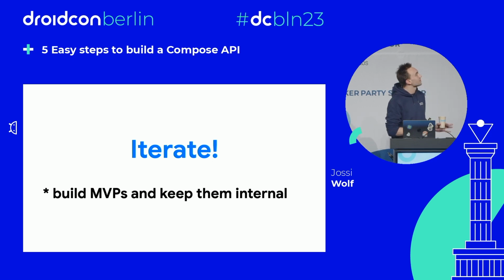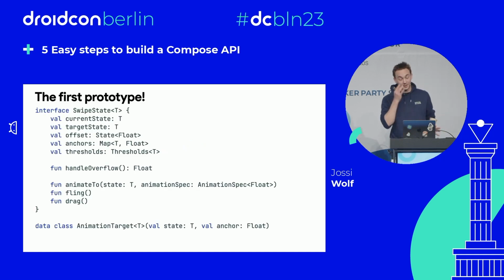Now I want to show you some prototypes that I had built for the new swipeable, because they were terrible, and I thought it would be really good to put that on. This doesn't look super terrible. This was mostly fine, just very complex, and you don't need to understand the details. I'm just showing you that there was quite an amount of API surface to understand. This was the prototype for state.